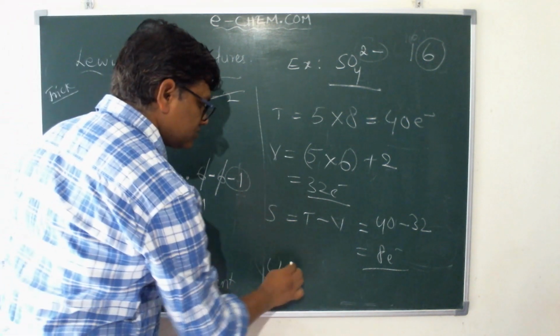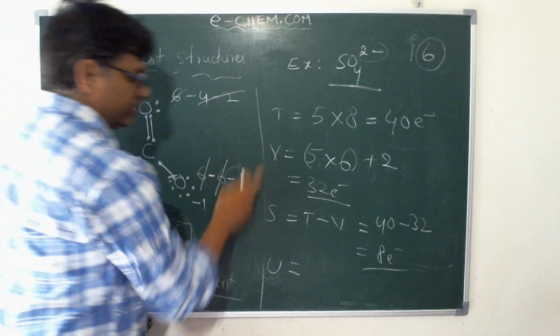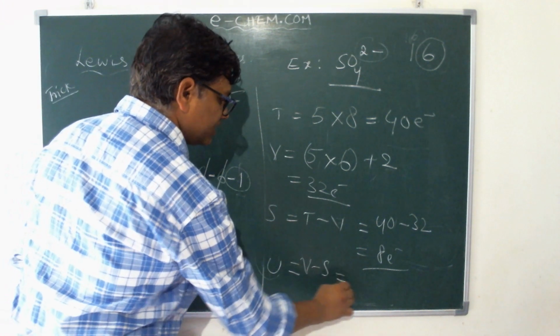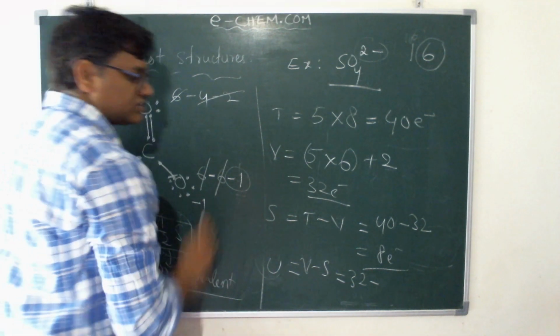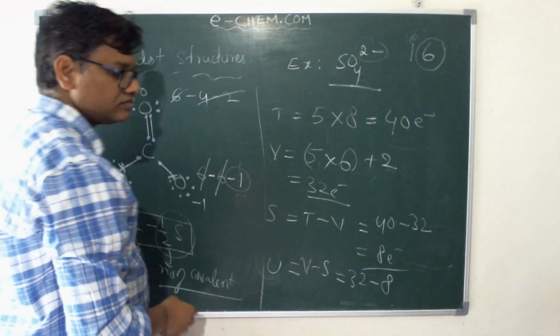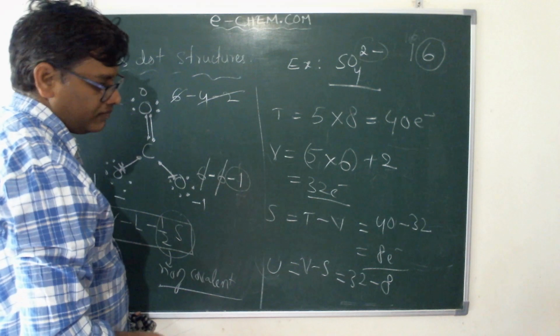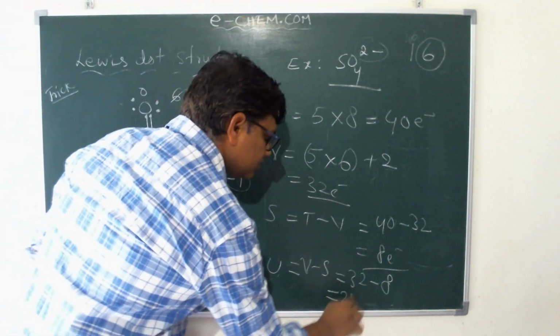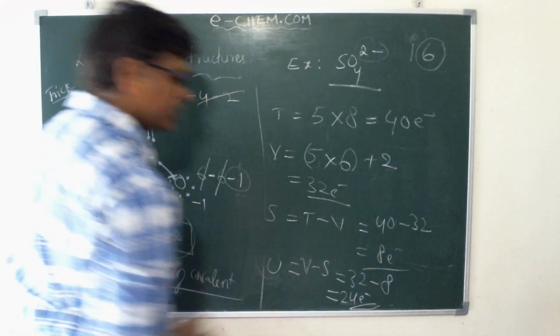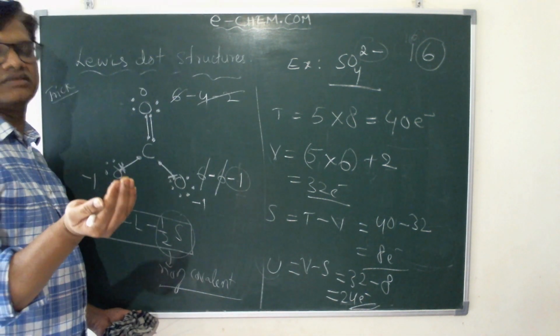Unshared electrons U is V minus S. V I got 32, minus S I got 8, so I am getting 24 electrons. 24 unshared electrons I got in my hand.